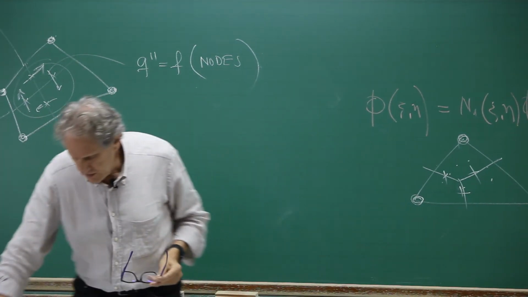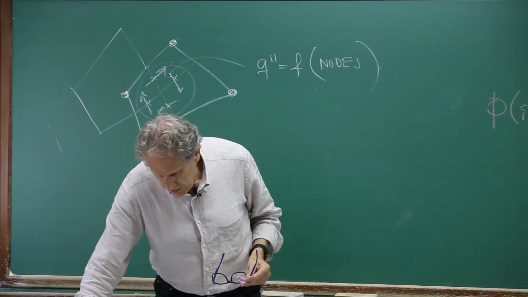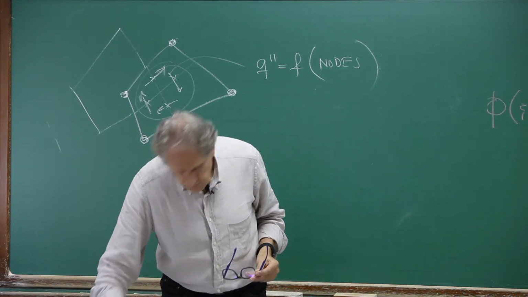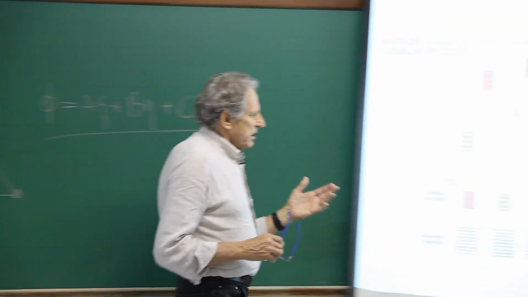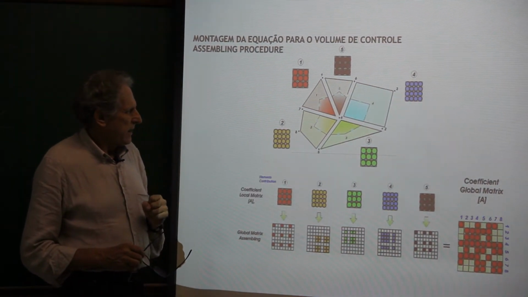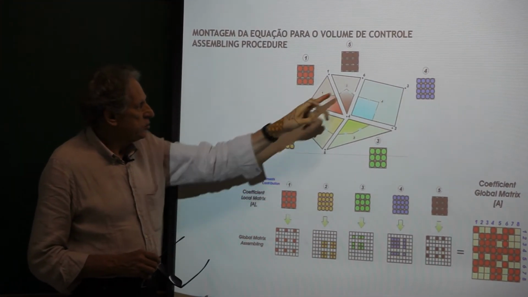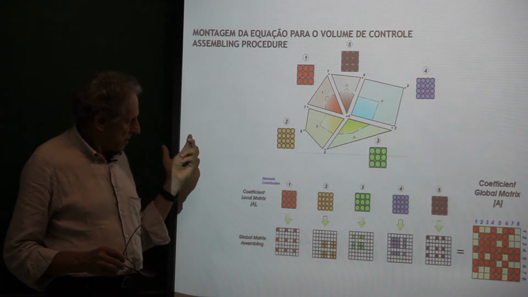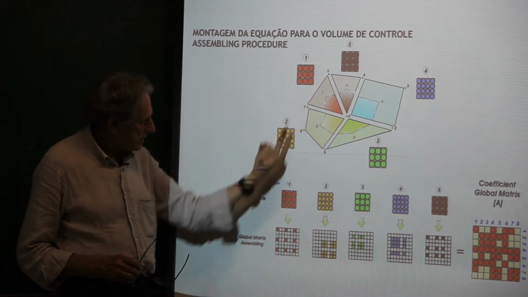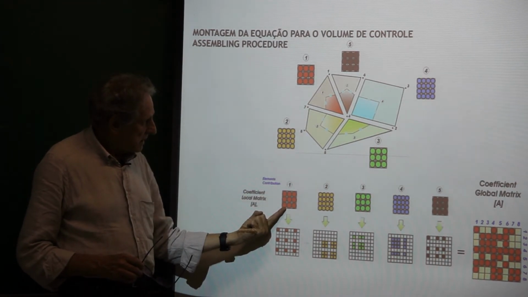I have another example which is the same, but now there's a triangular element also here. Now it's 1, 2, 3, 4, 5. 5 elements. There are 2 squares and 3 triangles. So the matrix for the element 1 is 3 by 3.